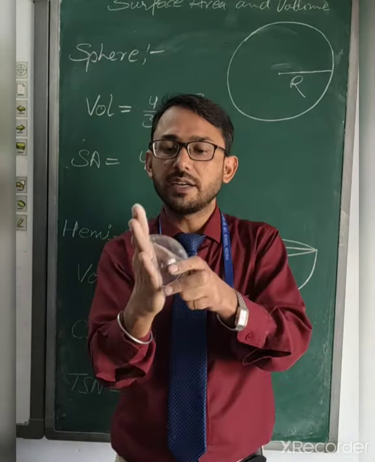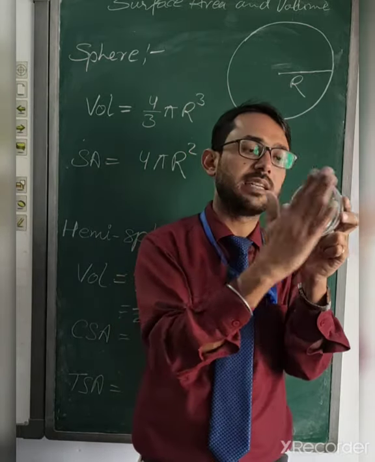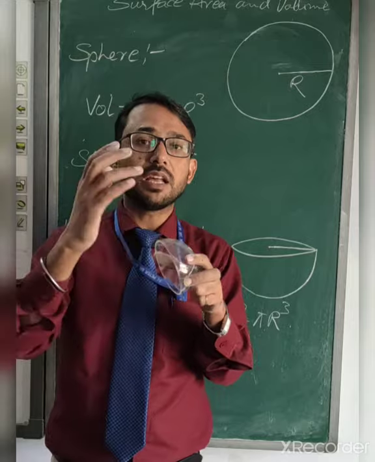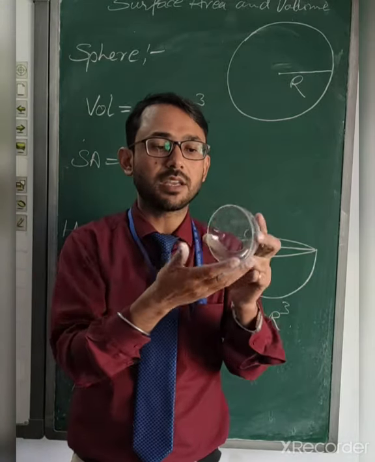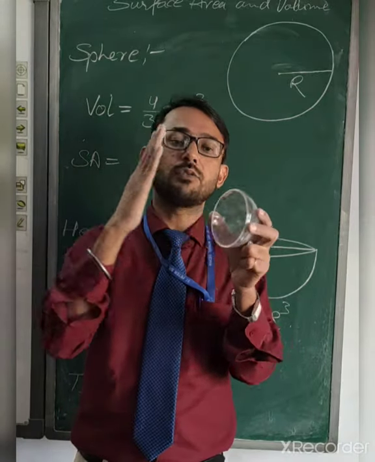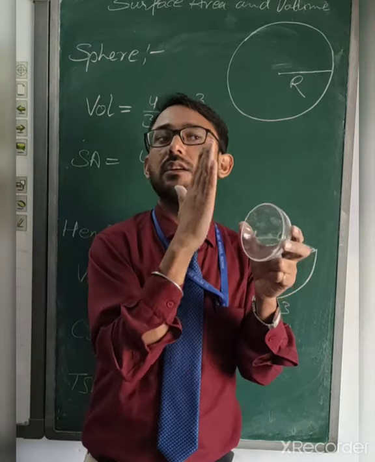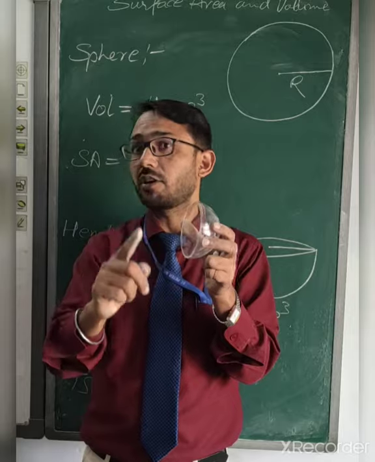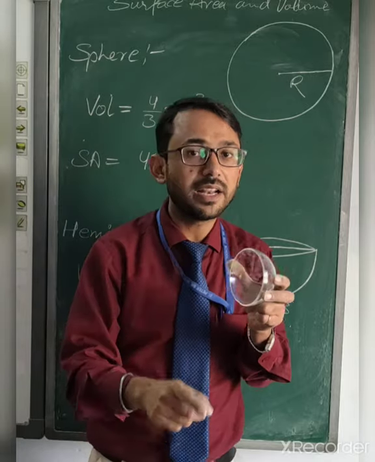So for a solid, this will be a flat surface and its area must also be calculated. Surface area means where we can paint. When we talk about curved, it is on the outer side, and when total, we need to paint on this flat surface also. Again, keep in mind we are talking about the solid hemisphere.